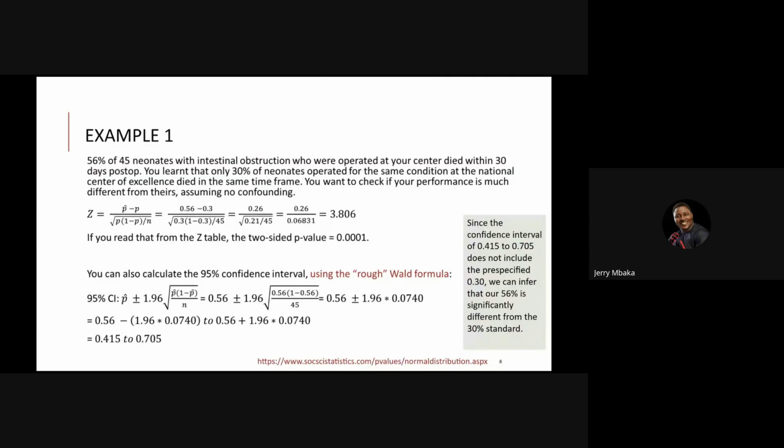Sorry, I didn't catch any point where we say that the mean systolic blood pressure was significant because the standard of 120 was contained in the interval about the sample mean. I don't know if you understand what I'm saying. I understand what you're saying.